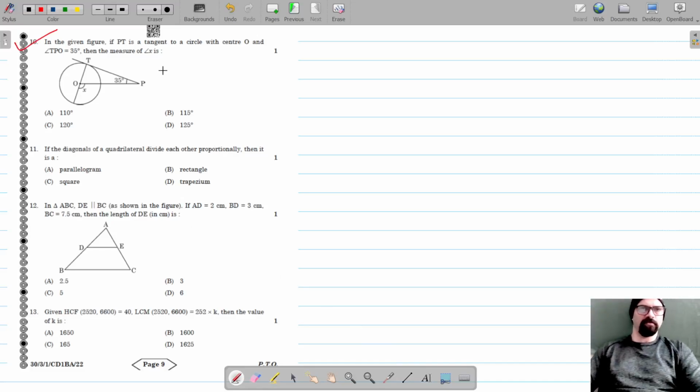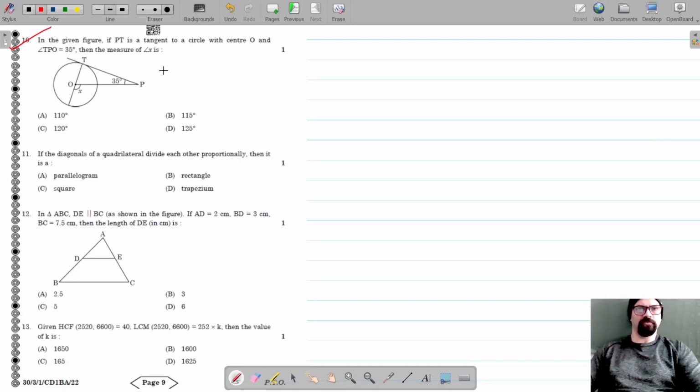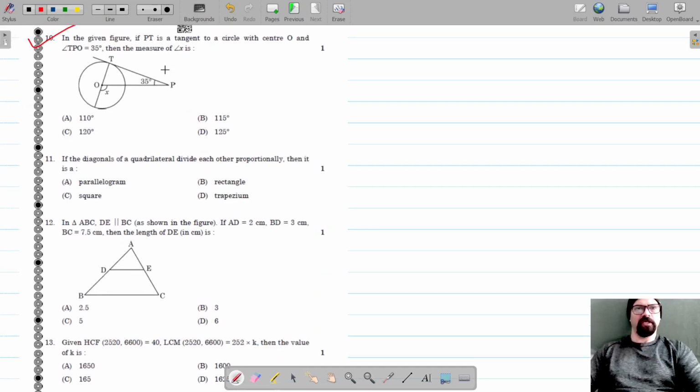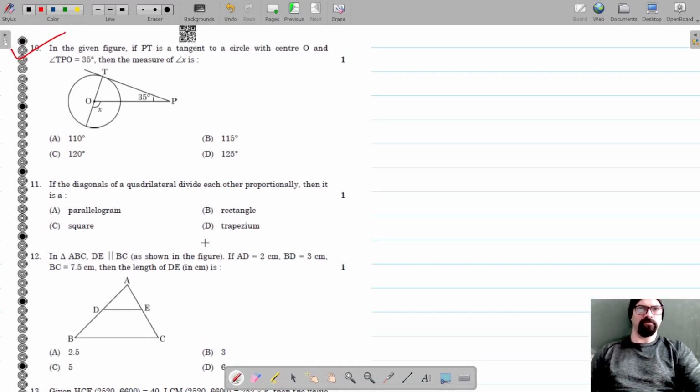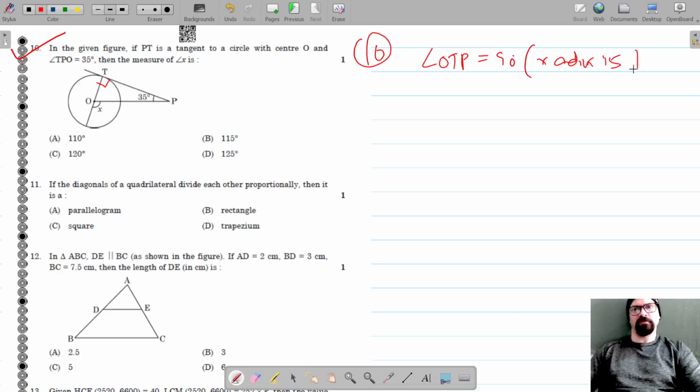For question number 10, it's given that PT is a tangent to a circle with center O, and angle TPO is equal to 35 degrees, and we need to find the measure of angle X. Now, this angle OTP is 90 degrees because the radius is perpendicular to the tangent at the point of contact.